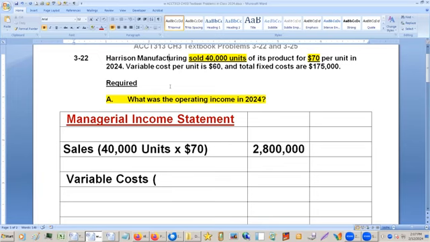Oh, come on. Somebody knows this. You can put it in chat if you want. What are the variable costs? Either put it in total or how you calculate it. Yep. There you go. 40,000 units times $60. I skipped the units part so that we could fit it on this page. So it's 2,400,000.